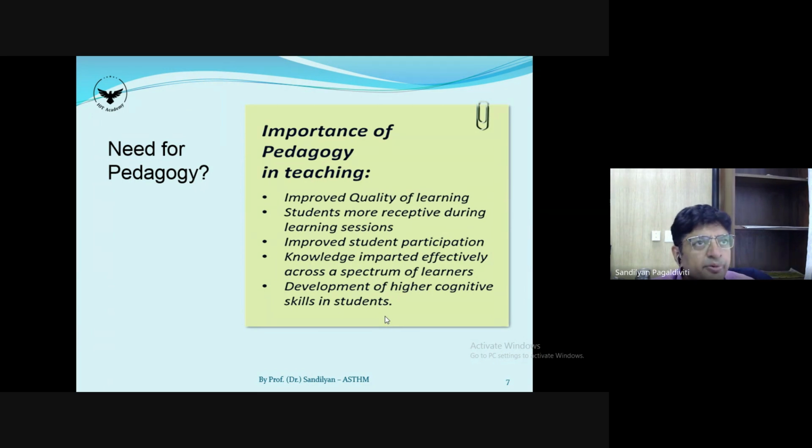There is a development of higher level cognitive skills among the learners or the students. So for all this to happen, the right pedagogy has to be adopted, or the right science has to be used. Move on, ma'am. Next slide.